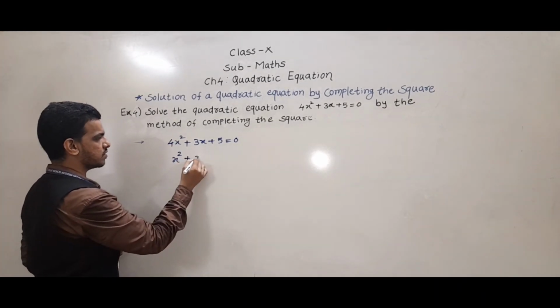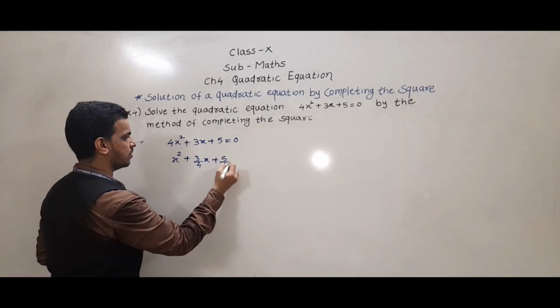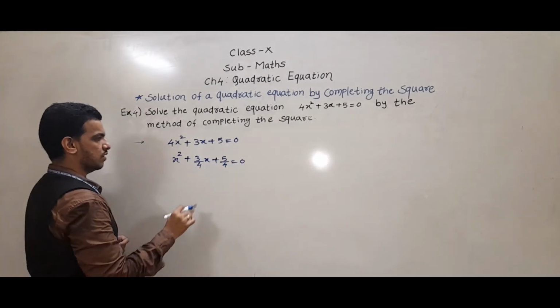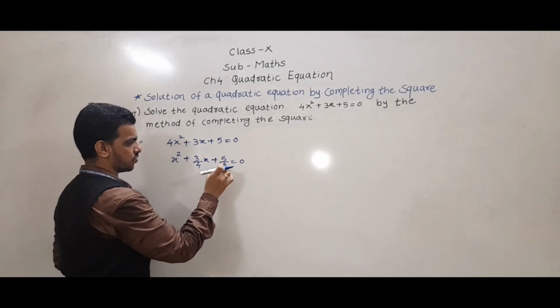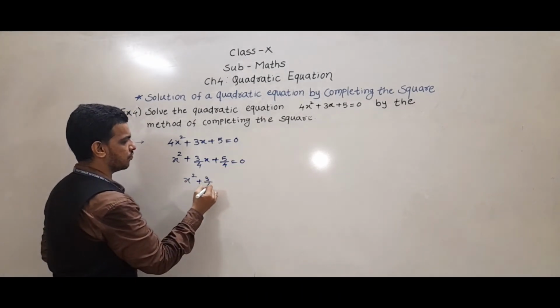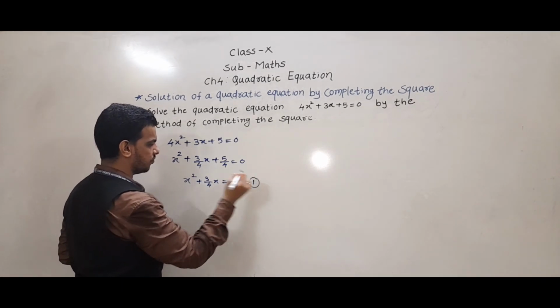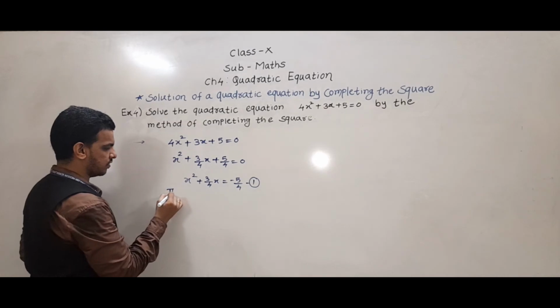So x square plus 3 by 4x plus 5 by 4 is equal to 0. Now shift the constant term 5 by 4 to the RHS. So x square plus 3 by 4x is equal to minus 5 by 4. Call this equation number 1.